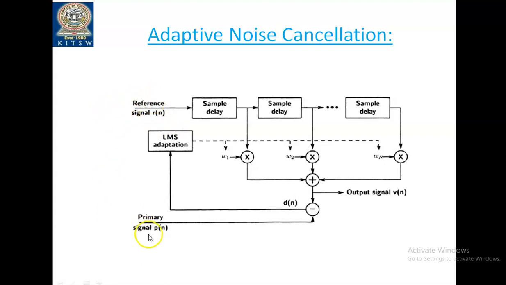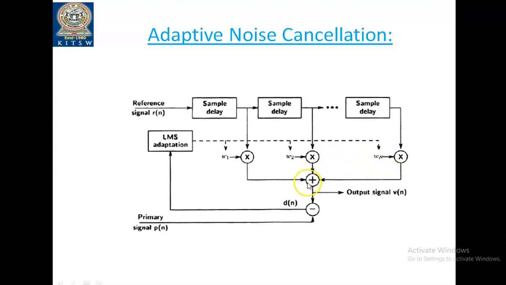These are the weight vectors. When you take the delay, it is multiplied with the weight vector and given to the adder, and similarly the second delayed sample is multiplied with its weight vector and given to the adder, and so on. So Wn weight vectors are used.